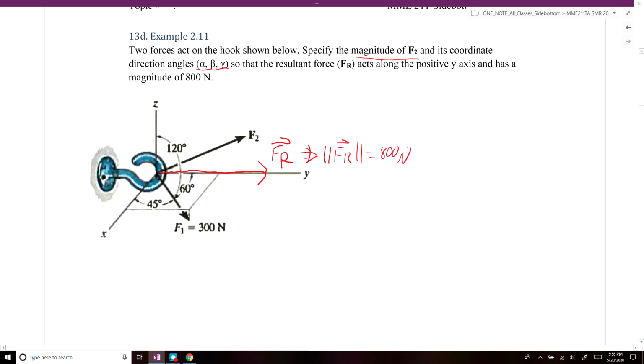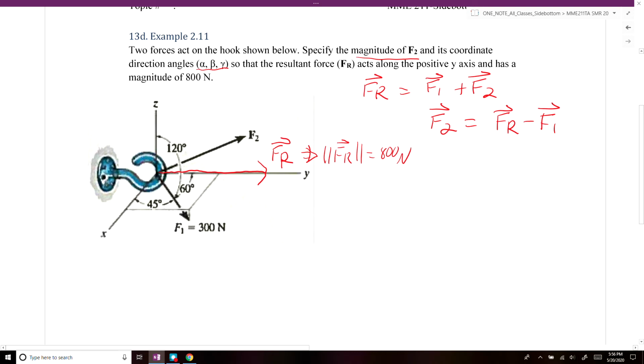We know our resultant force Fr is equal to force 1 plus force 2. We know force 1's magnitude, and we're given its three coordinate direction angles, alpha, beta, and gamma. So we can solve for force 2 by saying that force 2 is equal to the resultant force minus force 1.